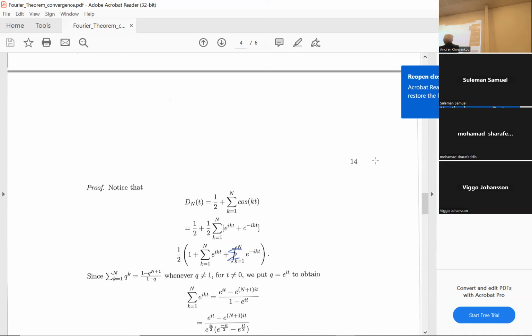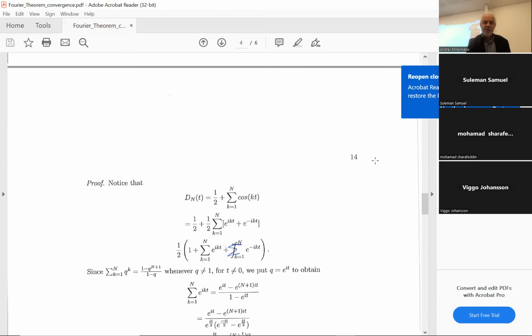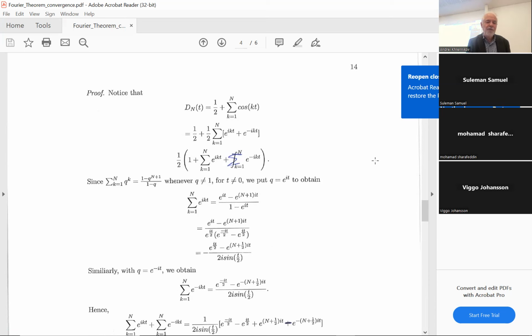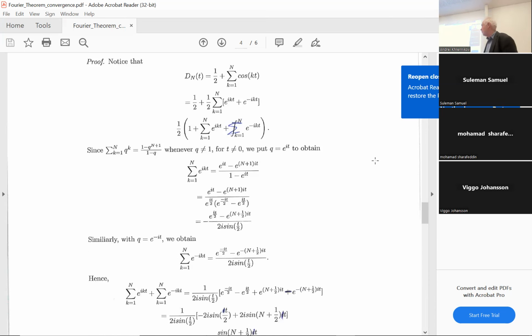So this is the sum of this and the sum of this. Both are geometric progressions. And you know from school or somewhere the formula for the finite sum of a geometric progression. The proof is the same in complex numbers and in real. They exist even over so-called periodic numbers. It would be the same.